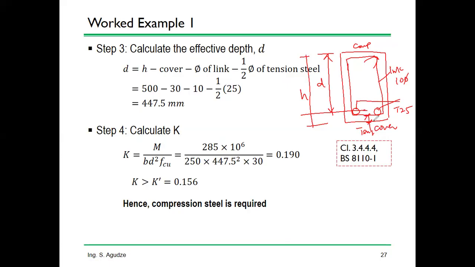So the cover, as you see, the h minus the cover minus the diameter of link minus half diameter of tension steel will give us our effective depth. And so 500 minus 30 minus 10 minus half 25 will give us 447.5. And this will be the effective depth.